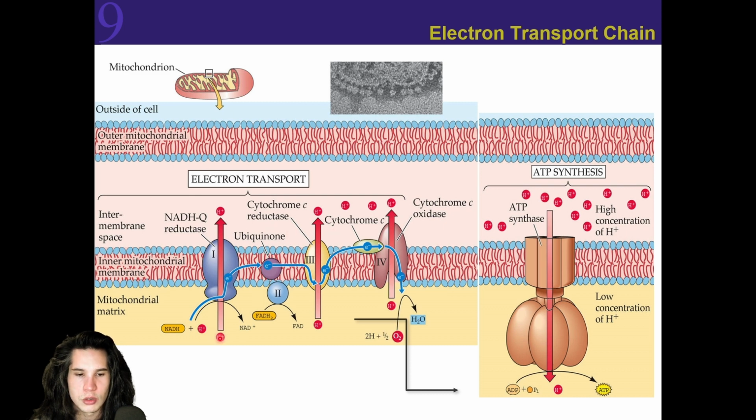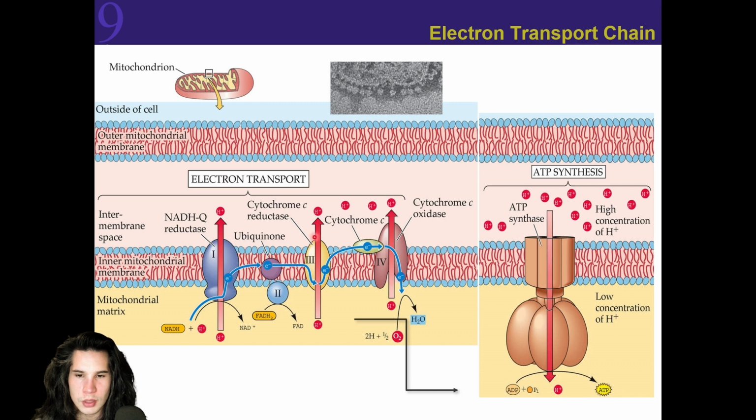What you're doing is you're moving this hydrogen against its concentration gradient into this space, with the use of energy, a form of kinetic energy. That would make this active transport. So you're using active transport to pump hydrogens from the matrix of the mitochondria into the intermembrane space.